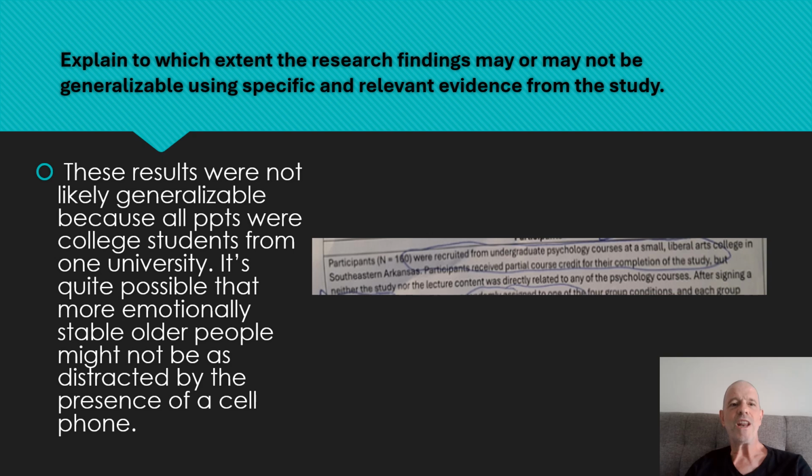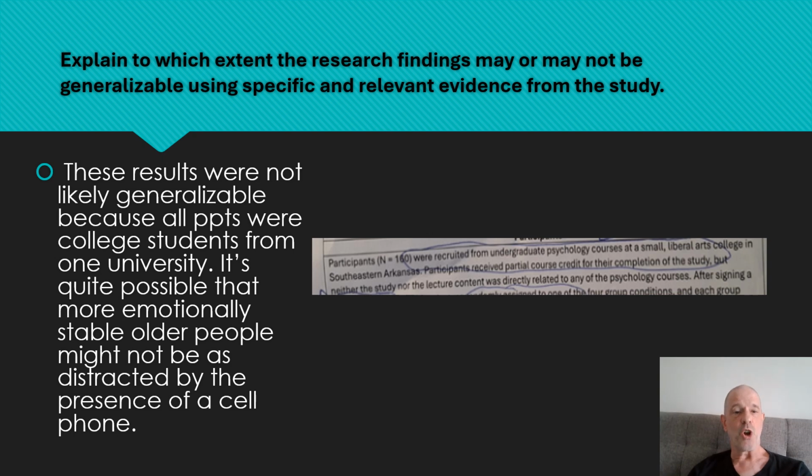And when I see the words explain the extent, it seems to me that you should not just identify why it's not generalizable, but you should be able to offer up a reasonable explanation. I will let the College Board, of course, grade as they grade, but I'm going to continue to insist that there be a second sentence from you in which you explain why the population means that it can't be generalized.